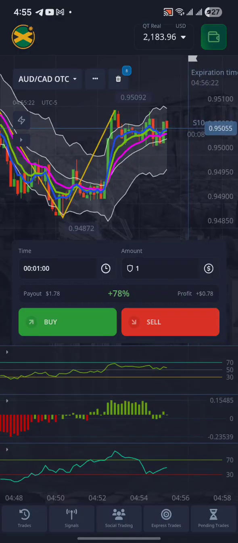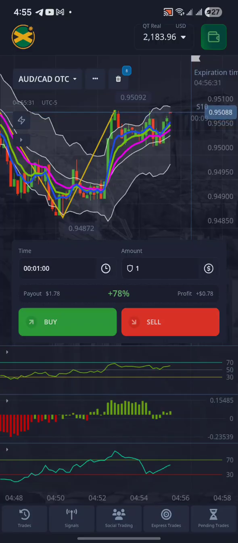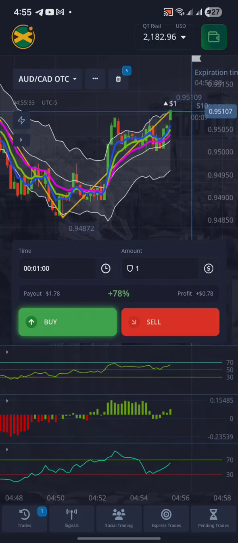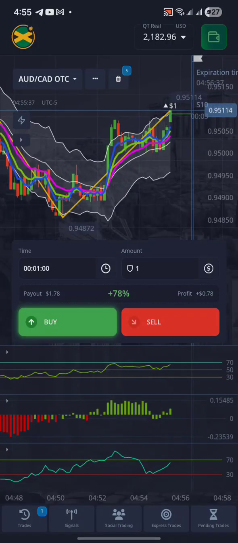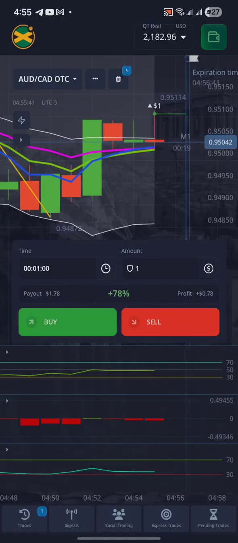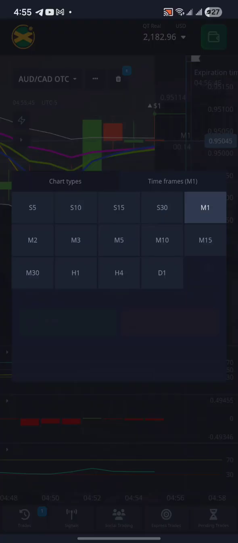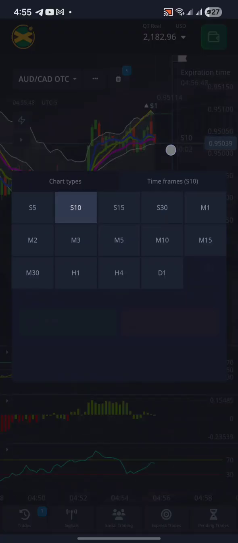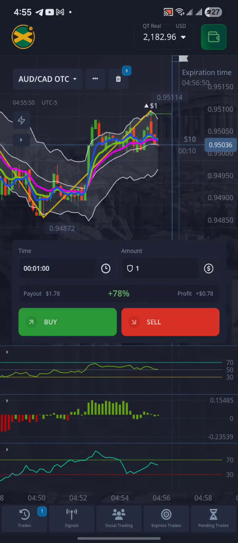Alright, no wick. They drop way below. Oh, 50, I think we're at 78.